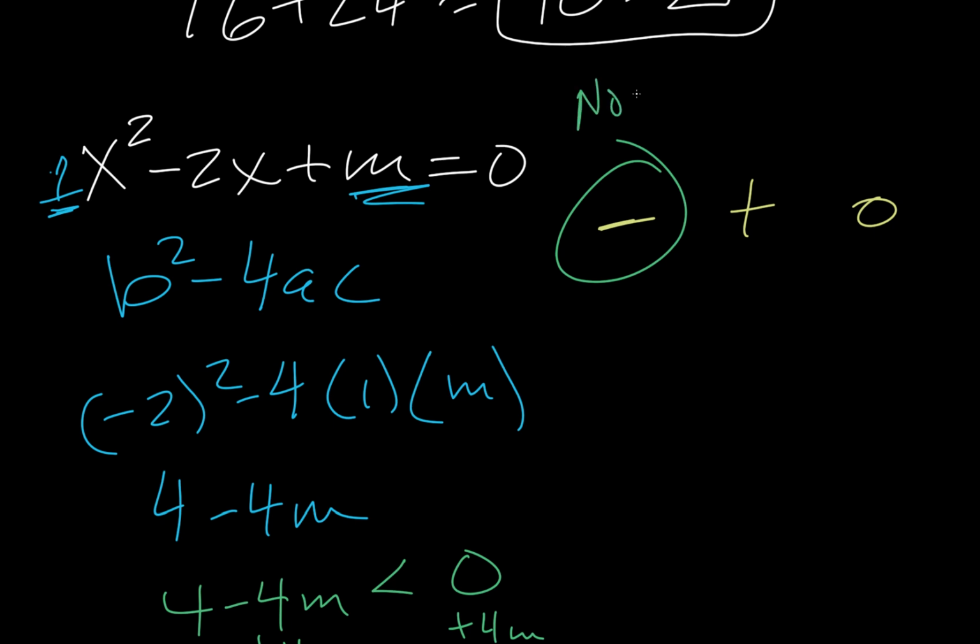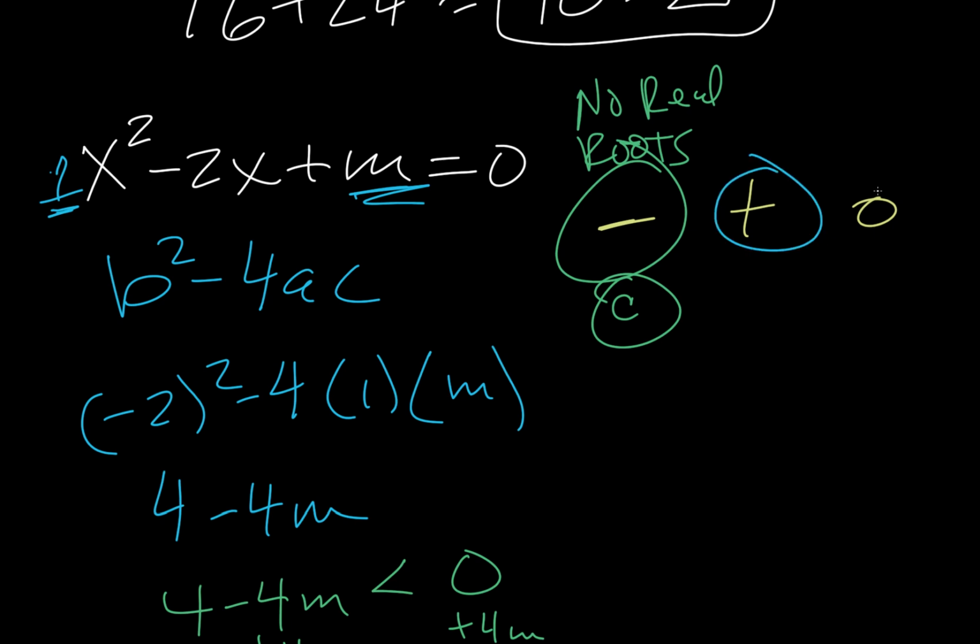So this is no real roots, and this is part C in your book, just to be clear. Okay, for the positive case, which is two distinct roots, so this is B. So I'm doing this backwards, I guess. So this is two distinct real roots.